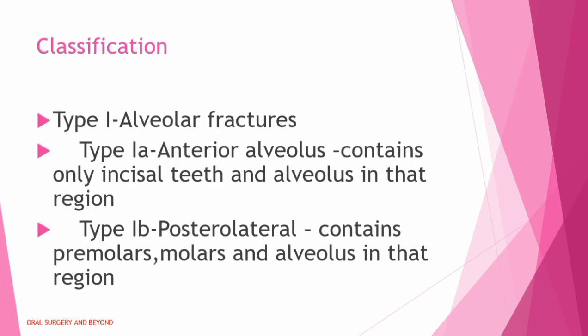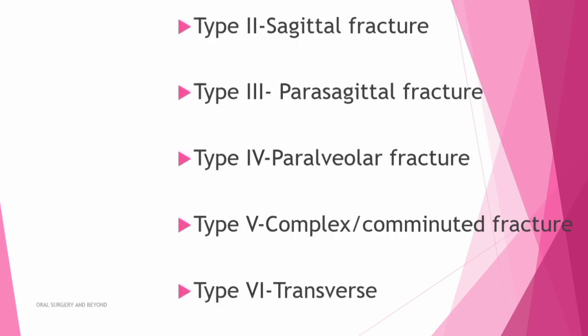Classification of palatal fracture is as given below. Type 1 alveolar fracture: type 1A anterior alveolus contains only incisor teeth and alveolus in that region; type 1B posterior lateral contains premolars, molars and alveolus in that region. Type 2 sagittal fracture, type 3 parasagittal fractures, type 4 paraalveolar fracture, type 5 complex fractures, type 6 transverse fractures.